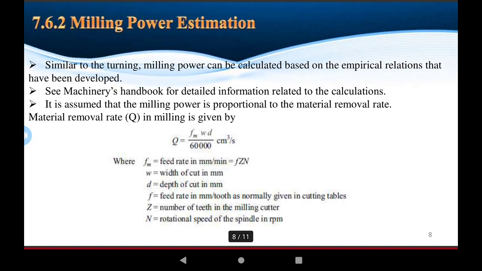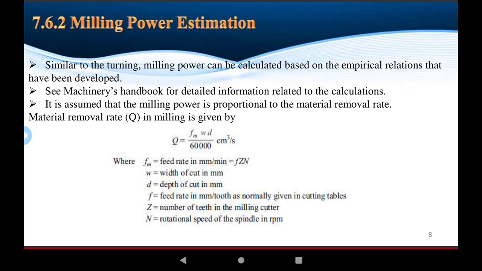Now the power estimation. The formulas used are similar to turning. Milling power can be calculated based on numerical relations that have been developed.